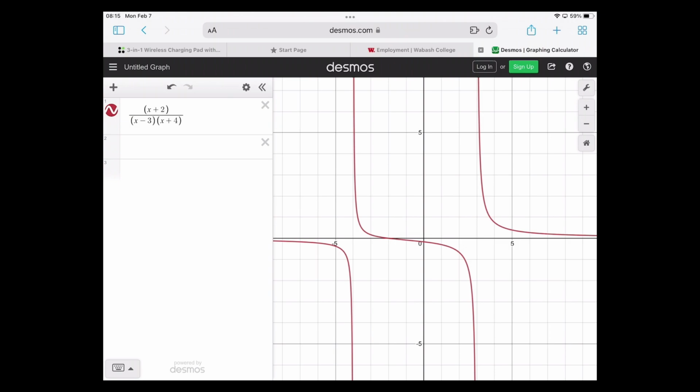So let's take the situation that's going on over at 3. Why would it be correct to say that the limit as x goes to 3 of this function does not exist? Yeah, there's an asymptote. But why can't we say plus or minus infinity in that case? Exactly. What's the right-hand limit, the limit as x goes to 3 from the right? That one's plus infinity. What about from the left? Minus infinity. And so what is the limit?